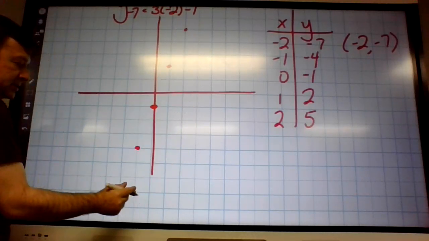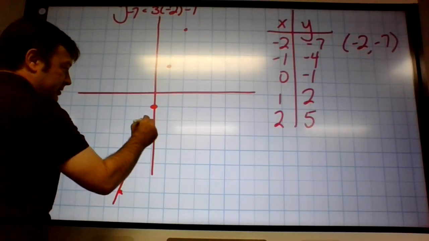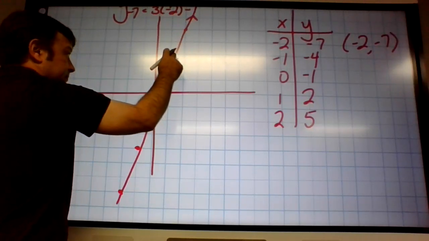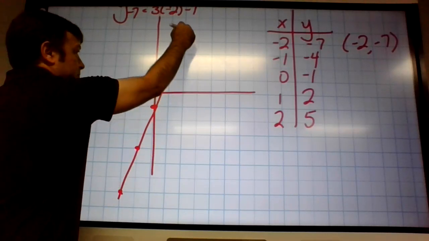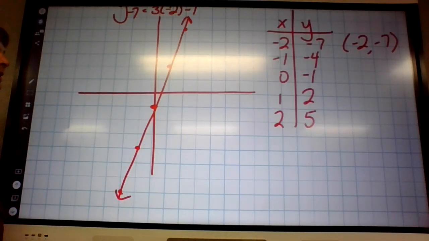All right. See the pattern? The pattern goes up 3 and over to the right 1. I didn't draw it very straight, but that's close enough. All right. And then you can connect the dots.